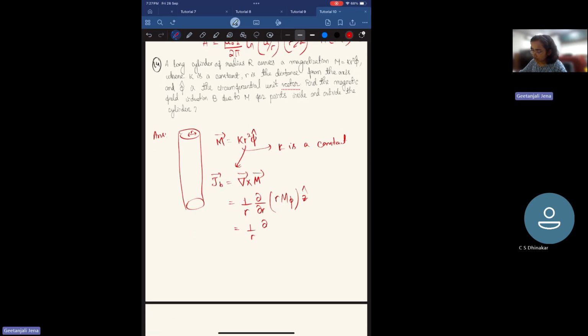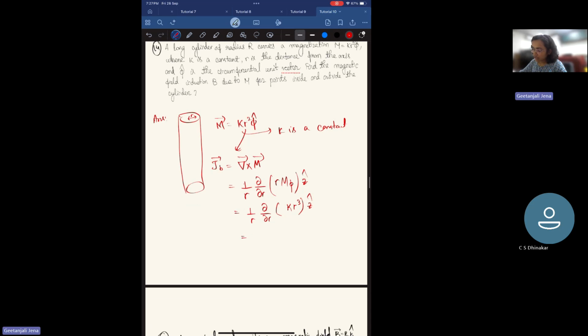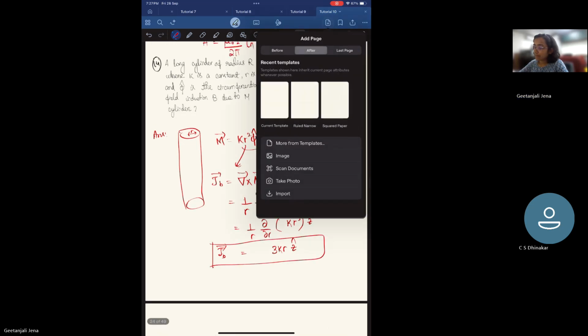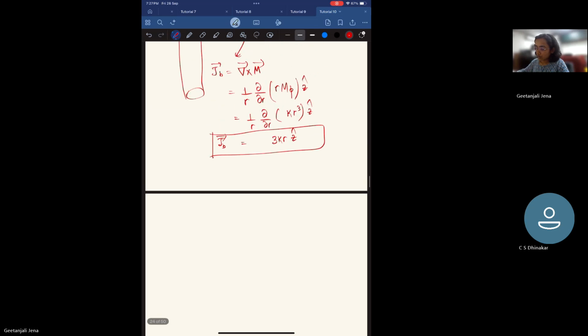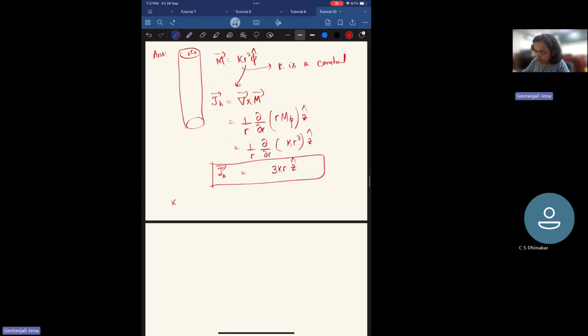M_phi is k r², so this will give 3k r² ... so 3k r ẑ. J_b is 3k r ẑ. For K_b, it's quite straightforward.